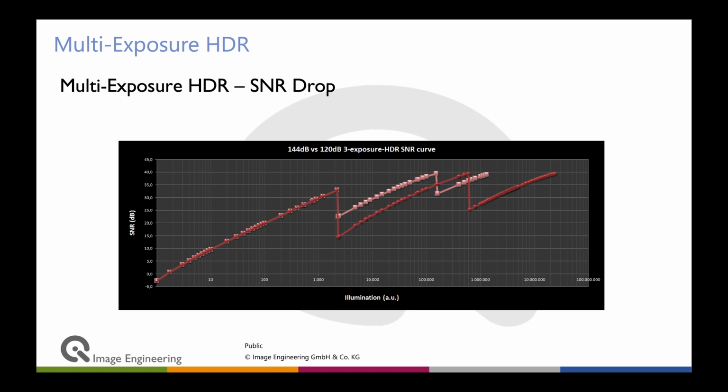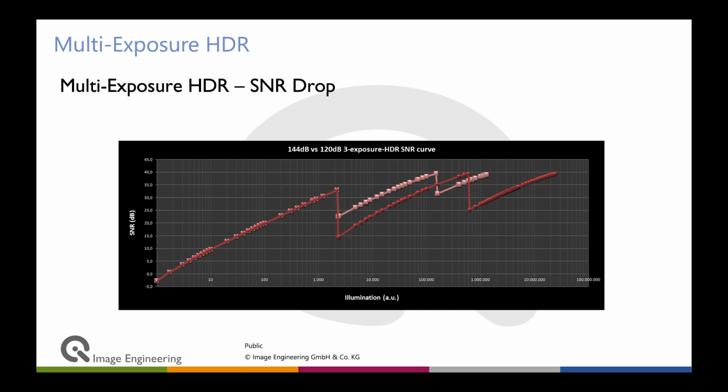One gives you 120 dB dynamic range, the other gives you 144 dB. What we see here is the signal-to-noise ratio plotted versus the illumination or luminance in the scene. According to this SNR curve, it's true: in one case you have 120 dB, in the other 144 dB.